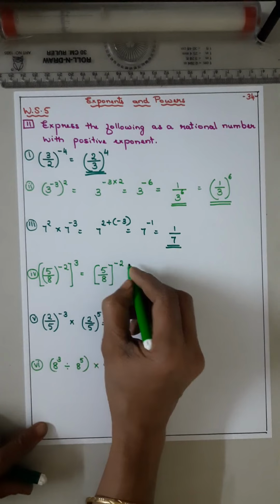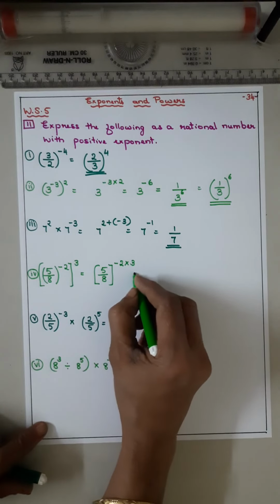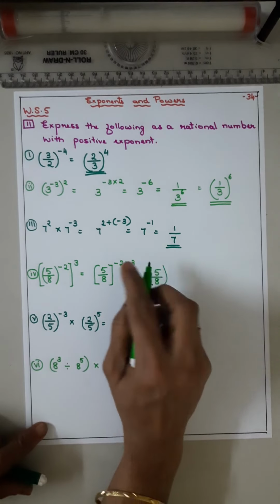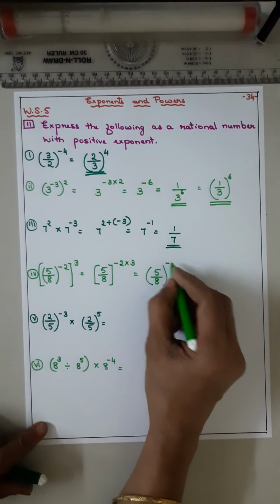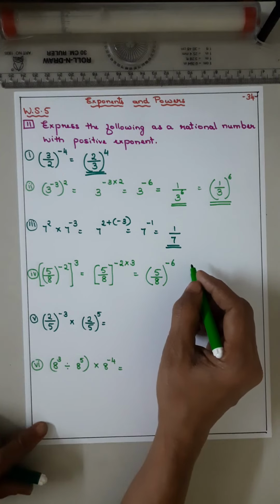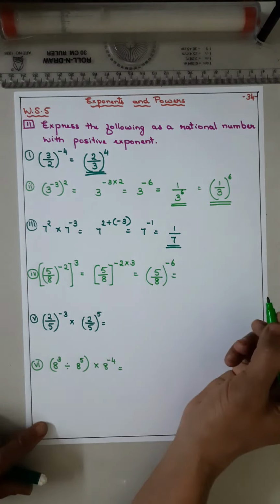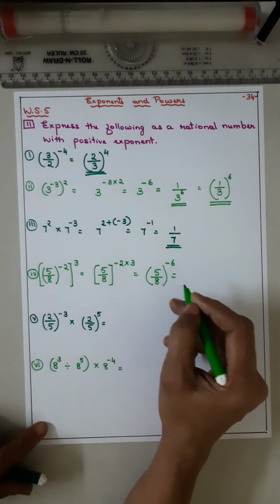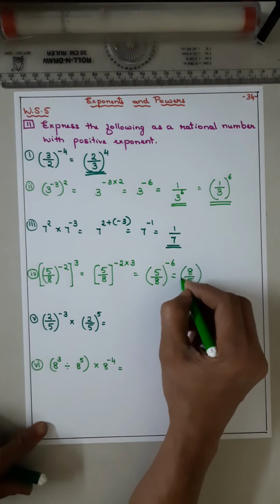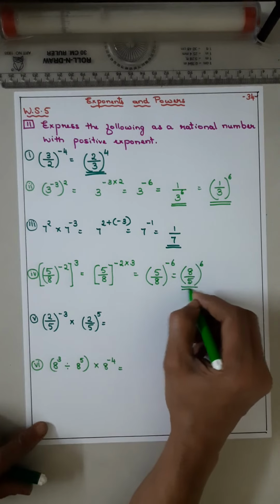Multiplication. Minus 2 into 3. So (5/8) the whole raised to minus 2 3s are 6. अभी पावर नेगेटिव आया तो रेसिप्रोकल. सो 5/8 का रेसिप्रोकल 8/5 and minus 6 power becomes plus 6.